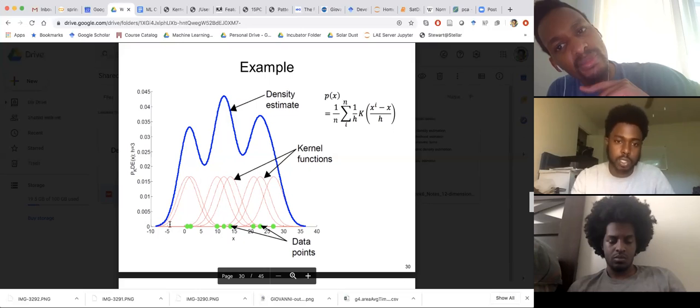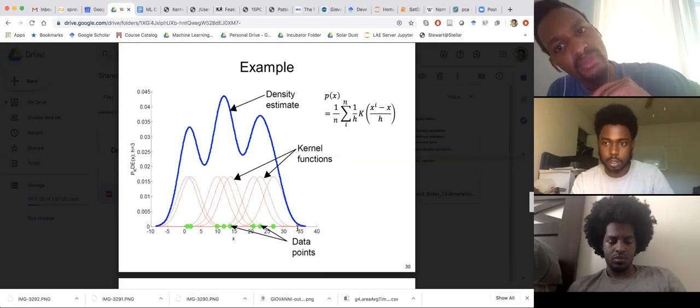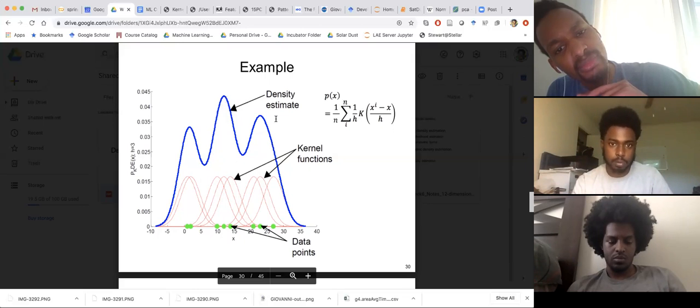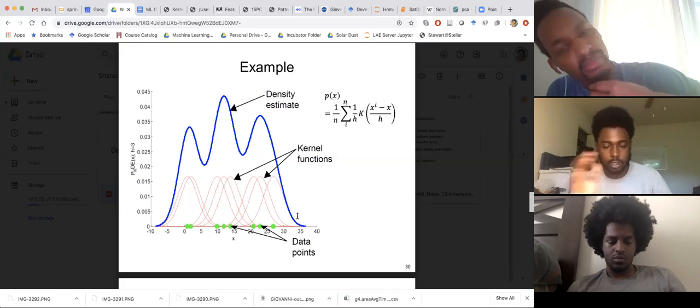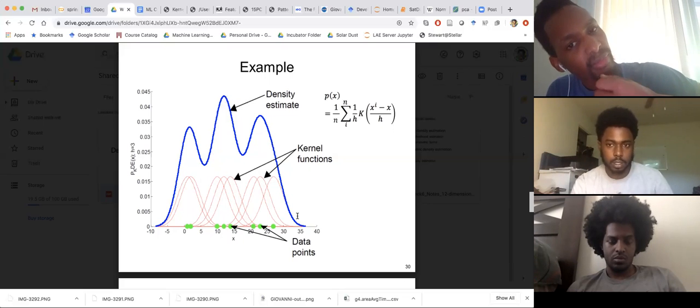When we sum those together, we end up with this density estimate of all the data. As opposed to trying to do this with one big Gaussian, using a kernel density estimator we've summed up all these different kernel functions into one density estimate.